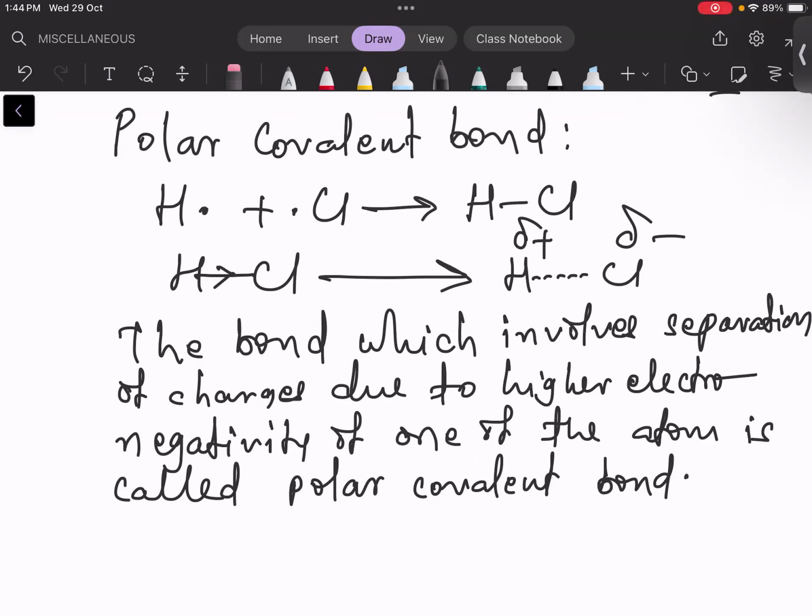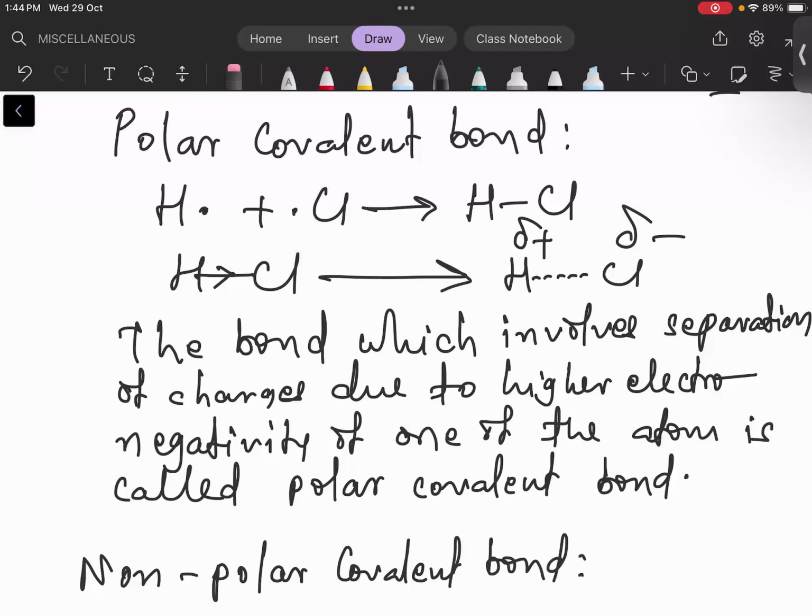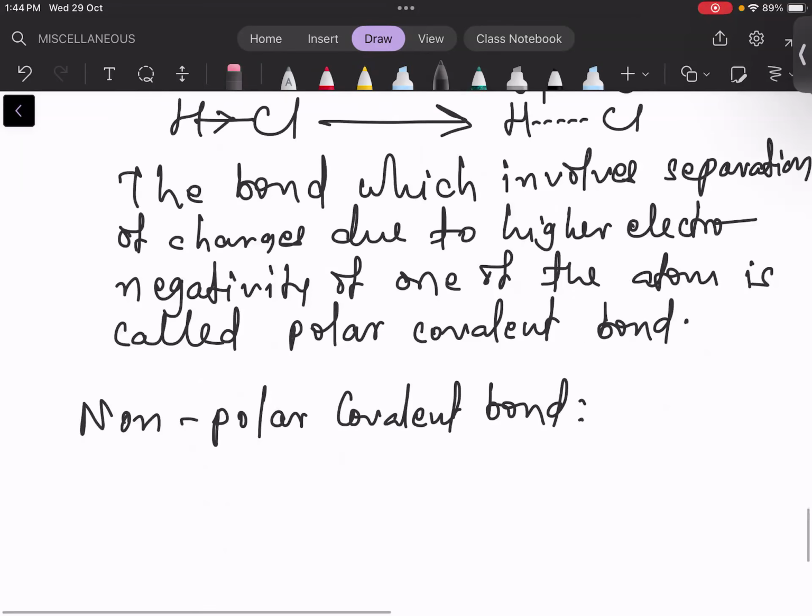Similarly, the second one is the non-polar covalent bond. What is a non-polar covalent bond?